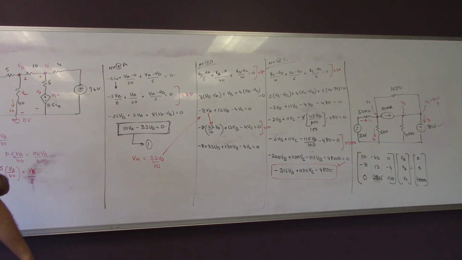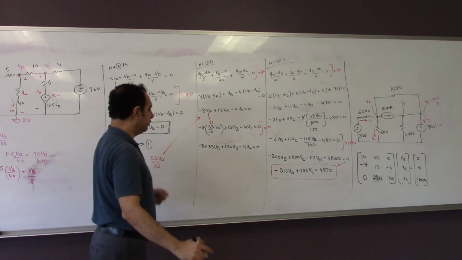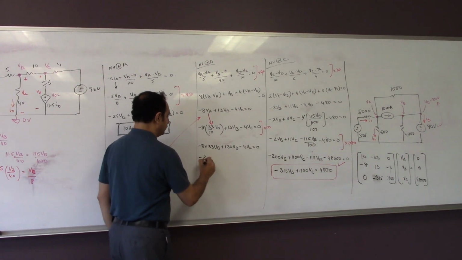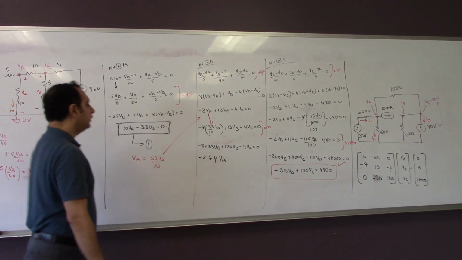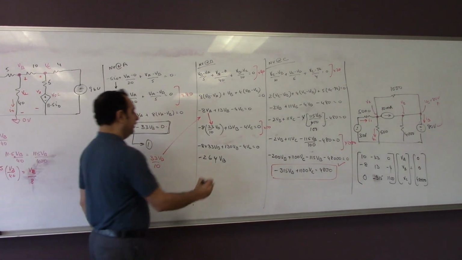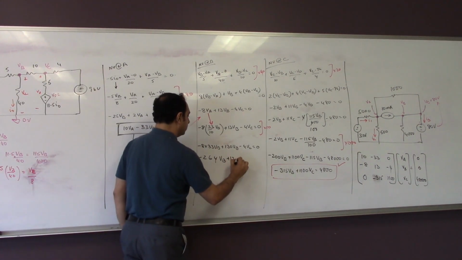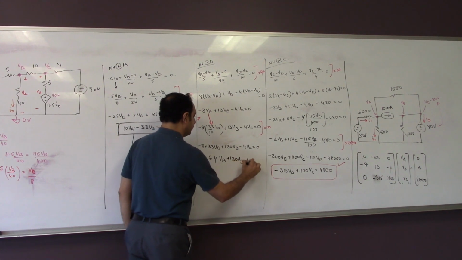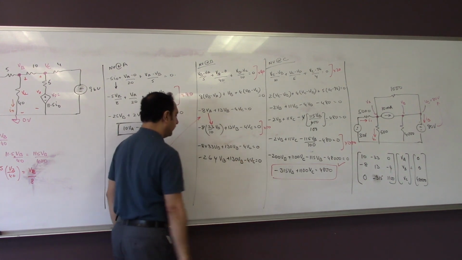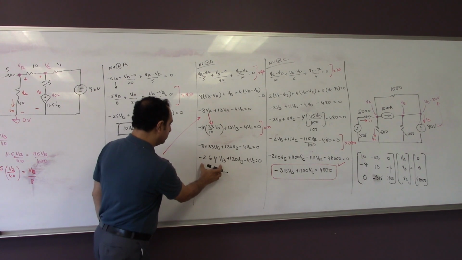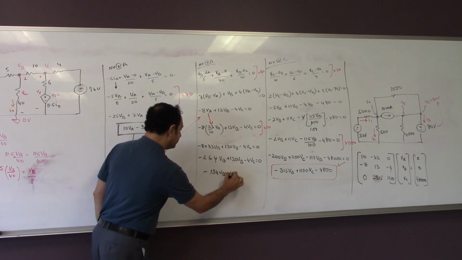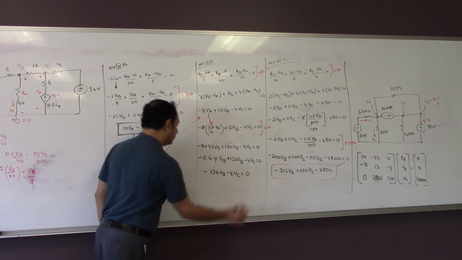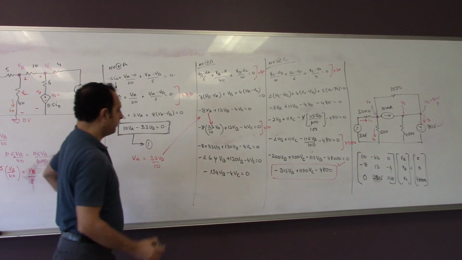So 8 times 3 is 24, 24 times 11, plus VB minus 4 VC is equal to 0. From here, if you subtract this, you'll have negative 134 VB minus 4 VC is equal to 0.